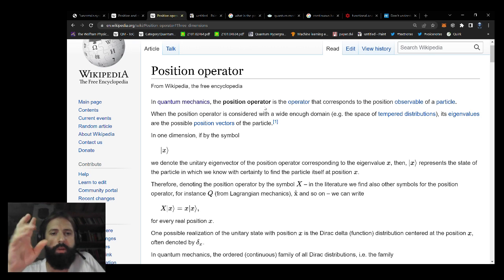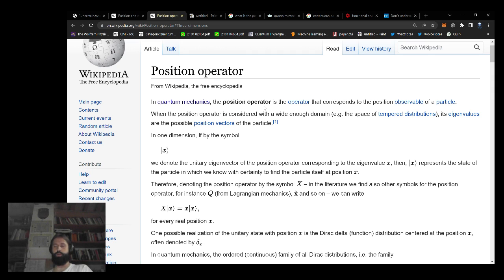But then what is the meaning of the eigenfunctions of that operator? Because these are then functions where the eigenfunctions of the position operator. What is the interpretation of the eigenfunctions?